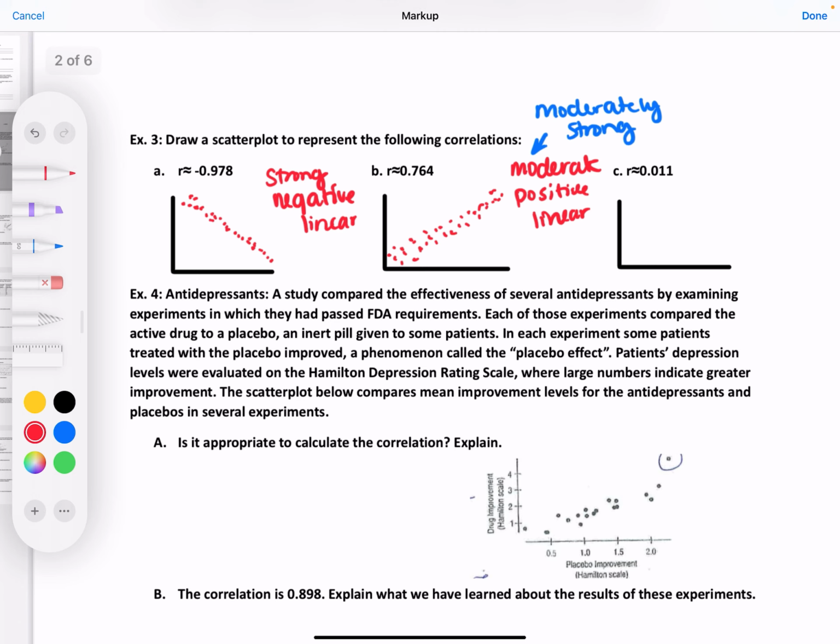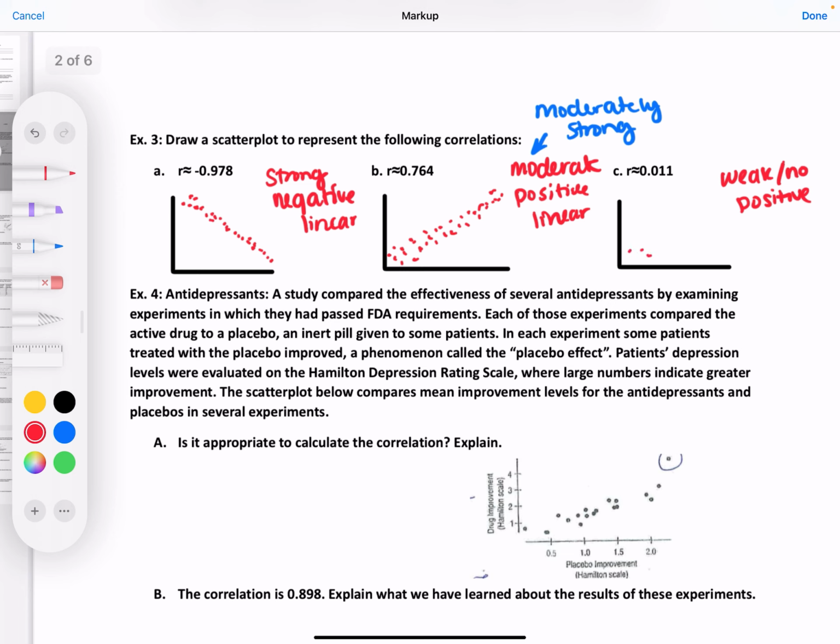And what about the last one? Weak or no, because it's getting close to 0, but positive. And if it's weak or no, it's not going to be linear because it's going to be pretty spread out. It's just nothing.